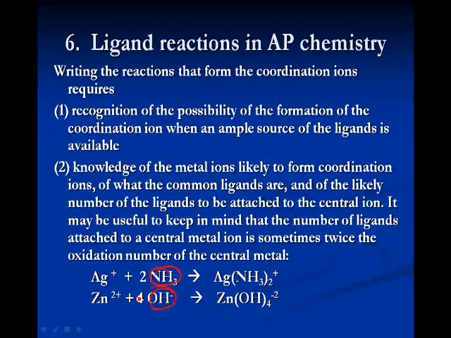It may be useful to keep in mind that the number of ligands attached to the central metal ion is sometimes twice the oxidation number of the central metal. So here, because this silver has a charge of +1, we have 2 ligands attached. Or this zinc is +2, so we have 4 of the hydroxides.